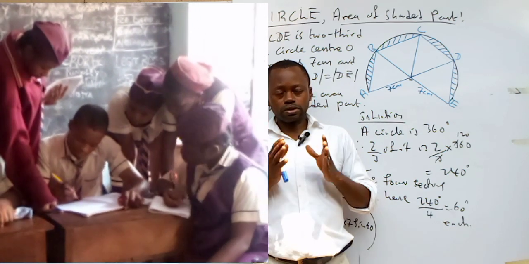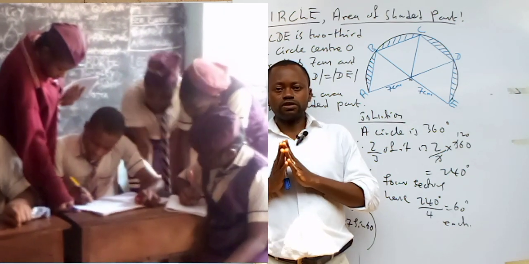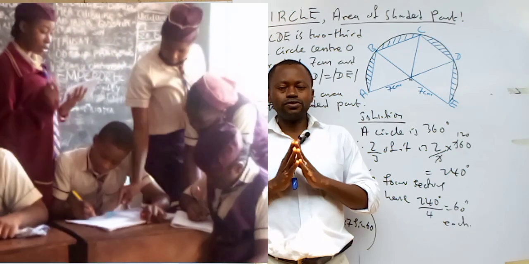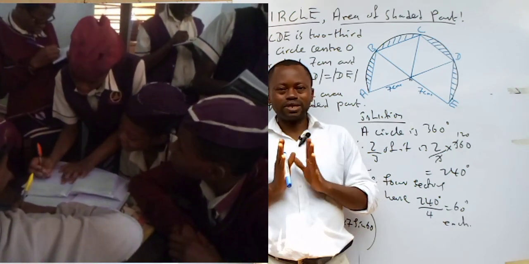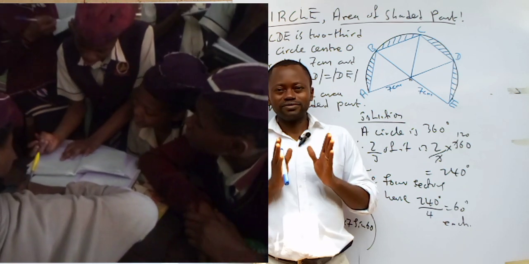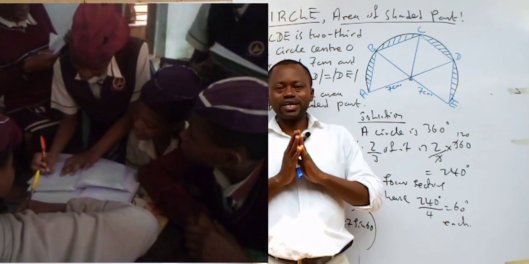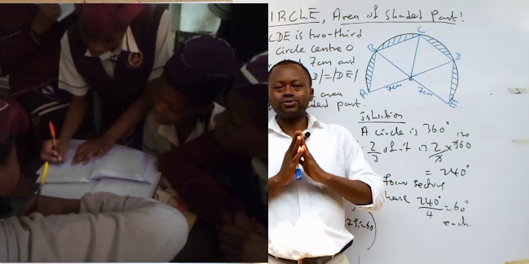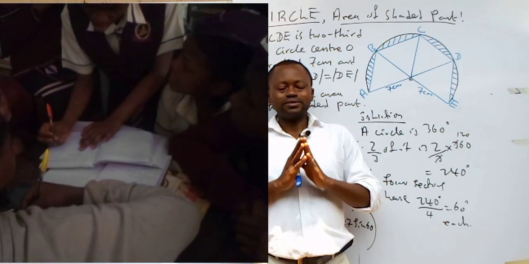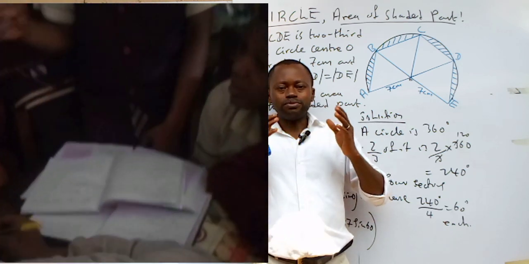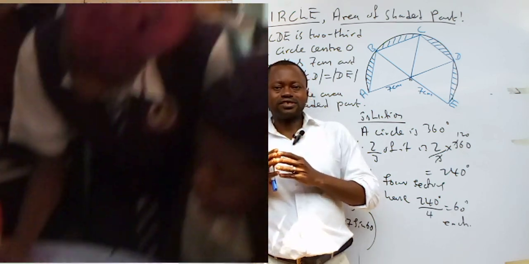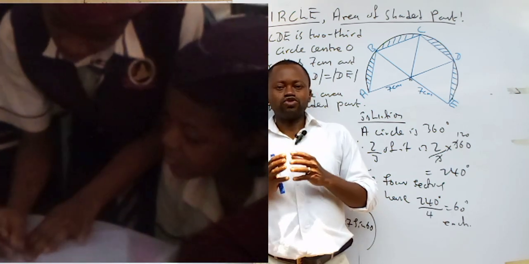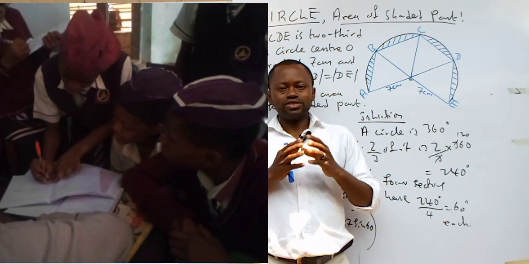So this method is called participatory method of teaching and learning. I tell you, it has made students that didn't want to learn mathematics before sit up. They started developing passion and interest, coupled with the counsel we give them, trying to make them understand that this is your future.